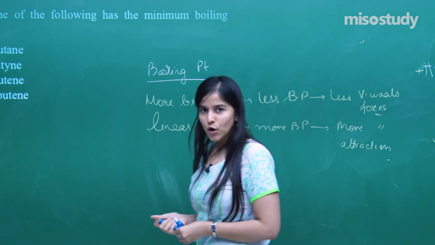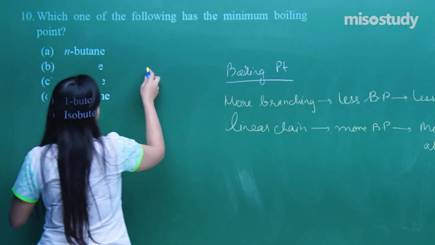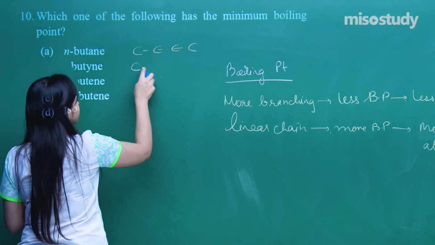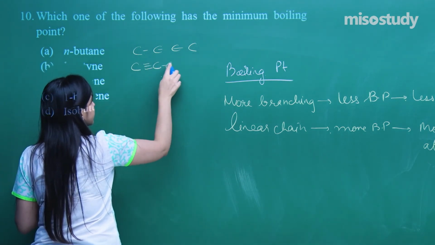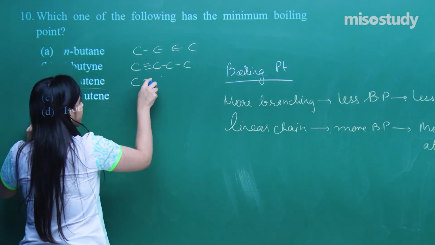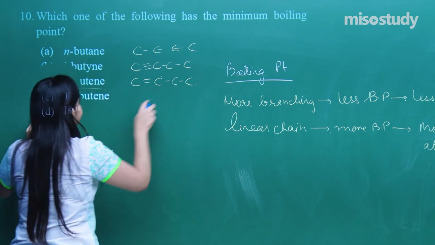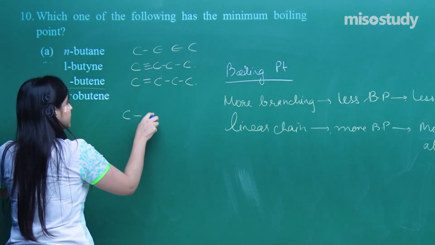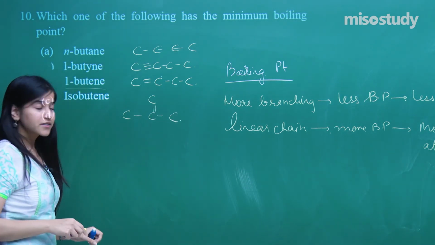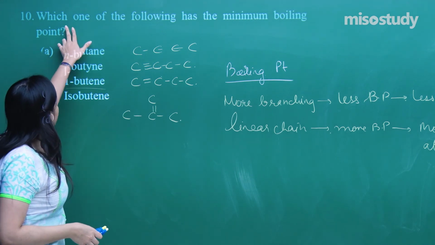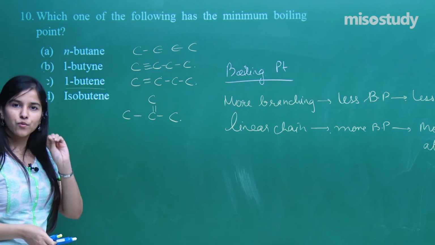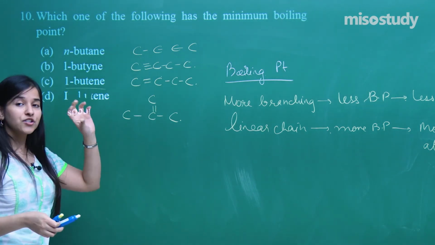So let us just analyze the options. N-butane, that means straight chain. 1-butyne, butene, and isobutene. That is the isobutene. So what is the question saying? Which one of the following has the minimum boiling point? The one having the highest branching.